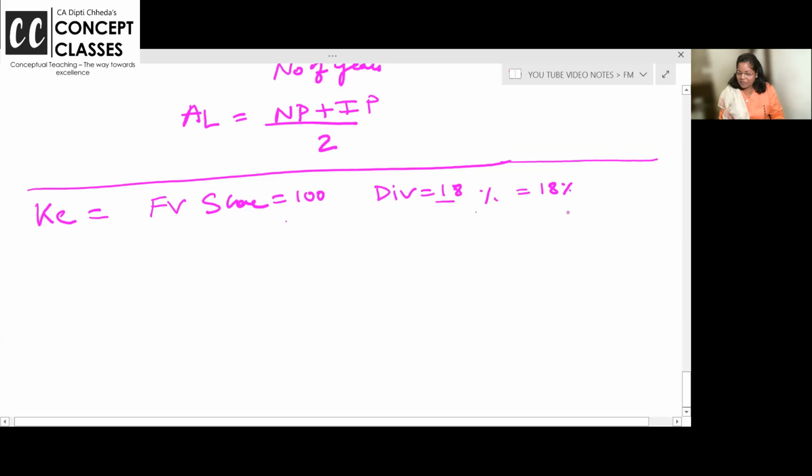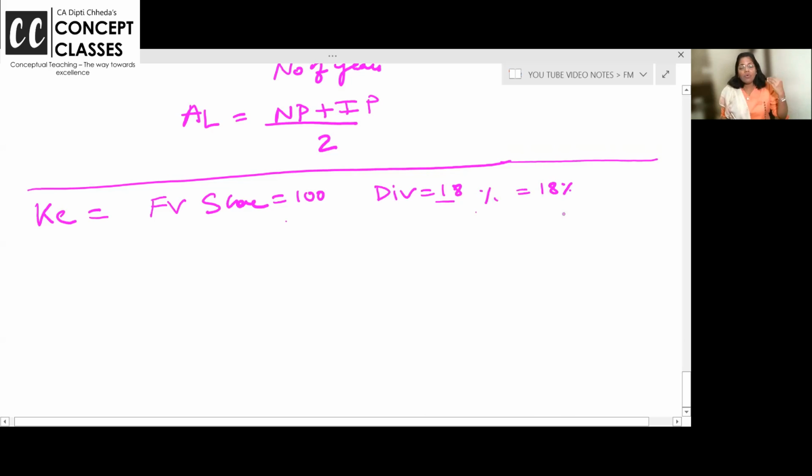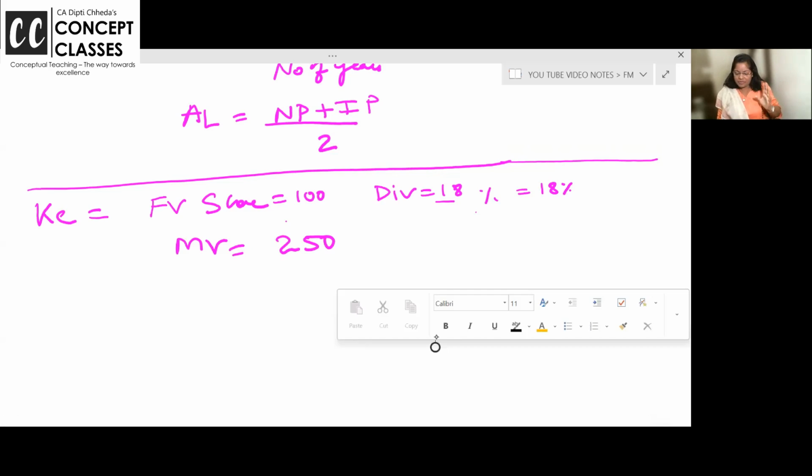Dividend is 18% on the face value. Now, over 2-3 years, I hope you all know share trading goes on in the secondary market, the stock market. The market value of this share went up to 250. Are you all with me?